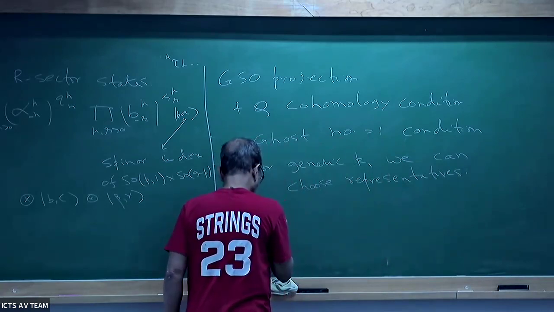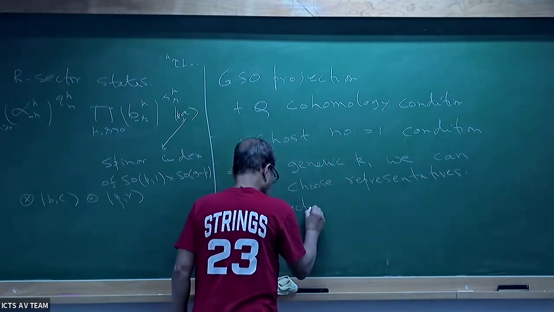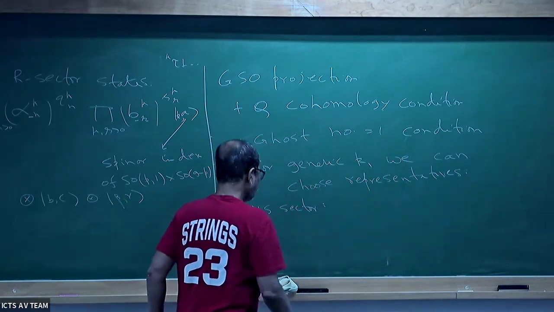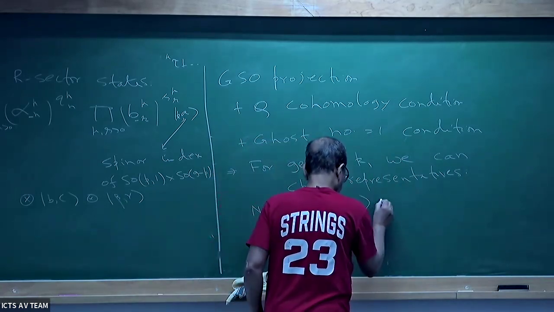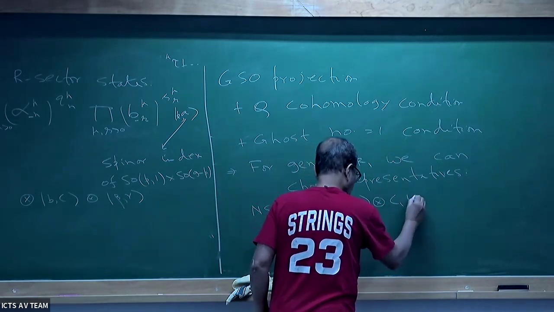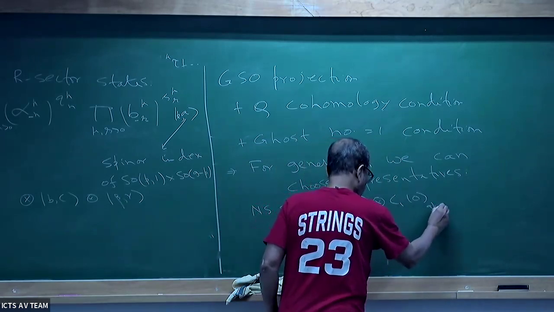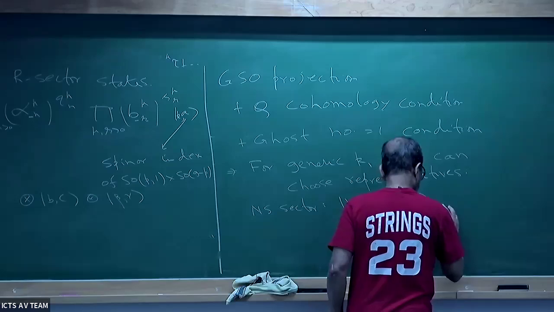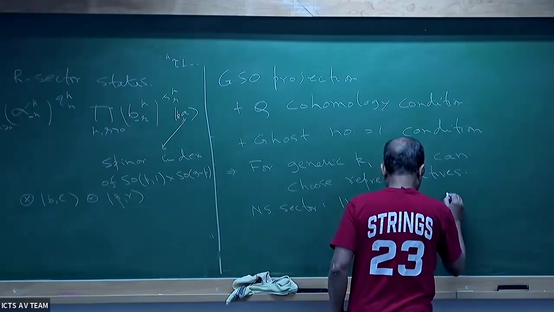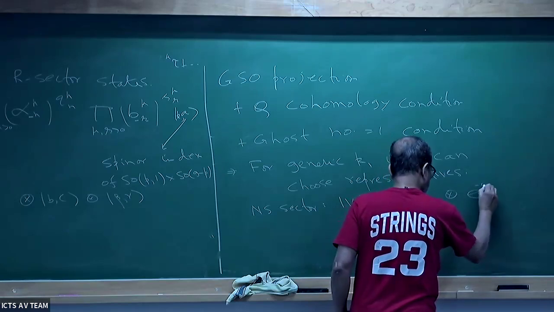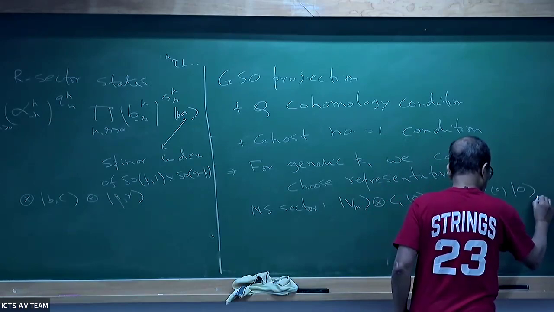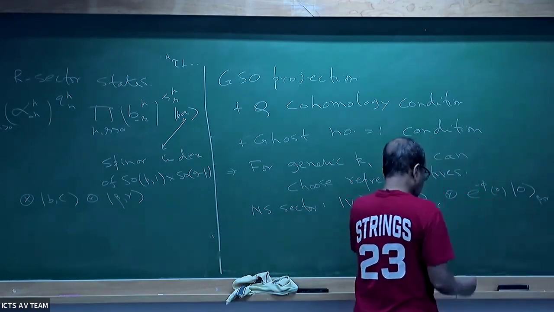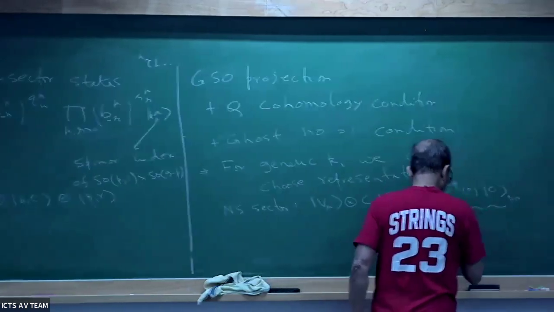So in the NS sector, we can choose V_m times c_1 on the zero ghost vacuum of the bc system, times e to the minus phi on zero of the beta gamma. So this is a minus 1 picture vacuum.